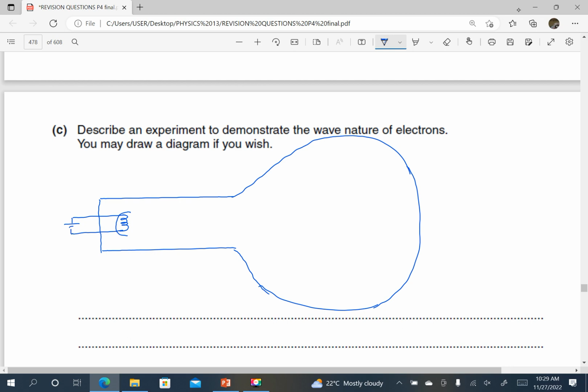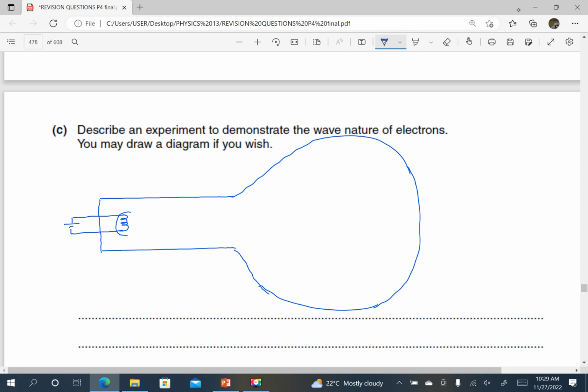So here I have a filament, a cathode, which is going to be the source of electrons. The electrons are going to be emitted there, and they must be accelerated towards a thin layer of graphite. So I will need a screen here.